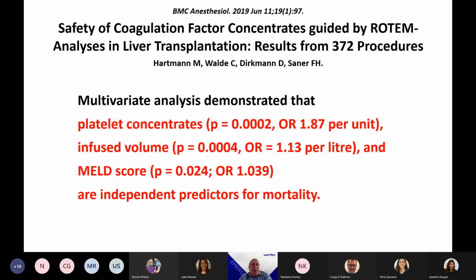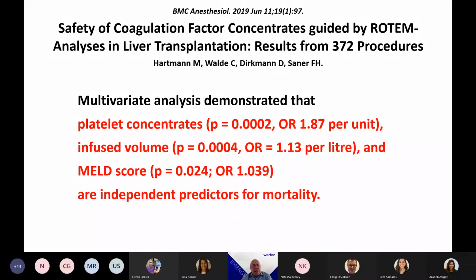On the other hand, the use of platelet concentrates was highly associated with mortality. That's nothing new. Already a lot of studies published this, that giving platelets more or less doubles mortality. Also, the infused volume has quite a high association, with 13% increased mortality per liter of volume.